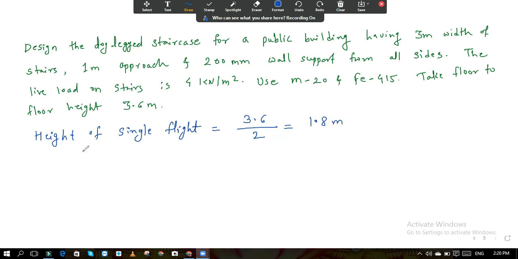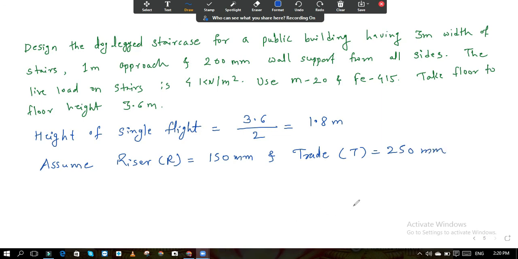Okay. Then assume riser and tread. Assume riser R is equal to 150 mm and tread is equal to 250 mm.